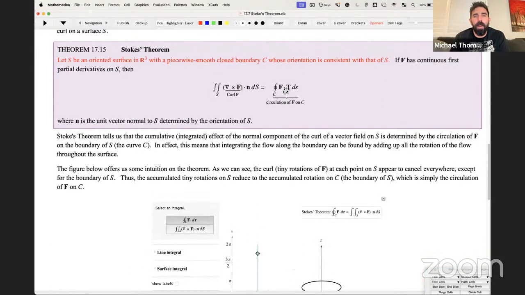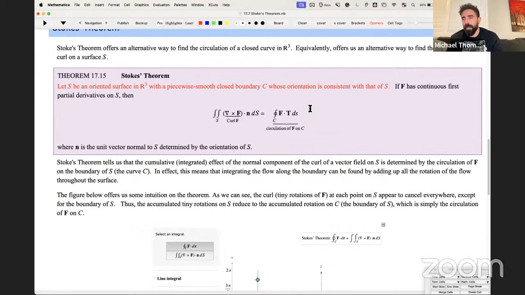You might wonder why you would ever use this. It's a good question. Let's say you have a closed curve, and it's a weird curve, and you're asked to find the circulation of a vector field on that curve. But let's say this is super hard. Maybe the parameterization of C is super difficult.